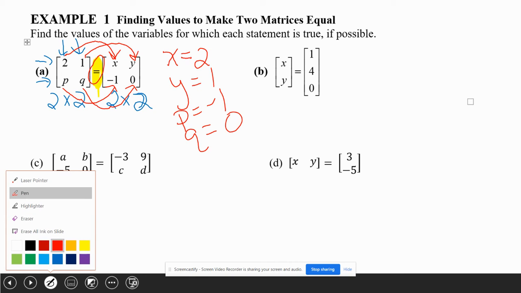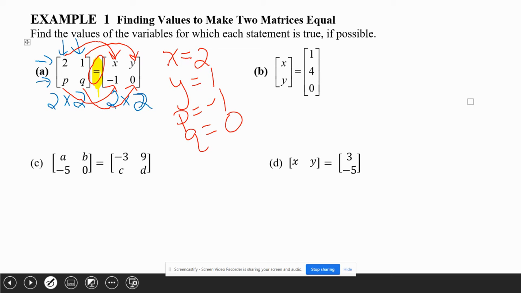If I look at example B, we have 1, 2 rows, so 2 by 1, because there's 1 column. And on the right side, we have 1, 2, 3 rows, so that's 3 by 1.